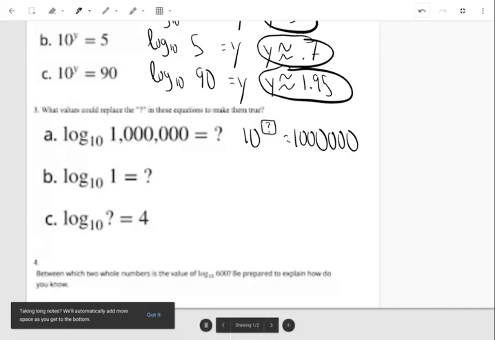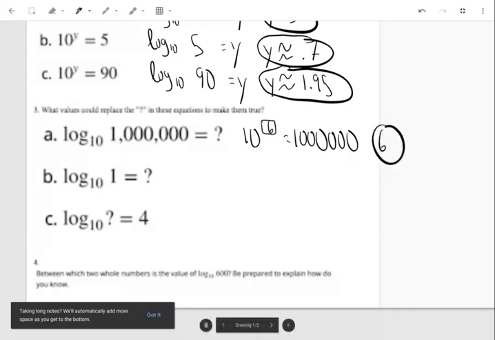So I know that 10 to the first is 10. 10 squared is 100. 10 cubed is 1,000. 10 to the fourth is 10,000. 10 to the fifth is 100,000. So 10 to the sixth is going to be a million. So the answer in this case is 6.